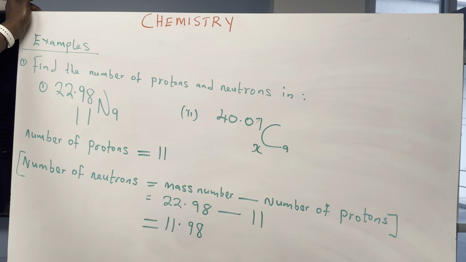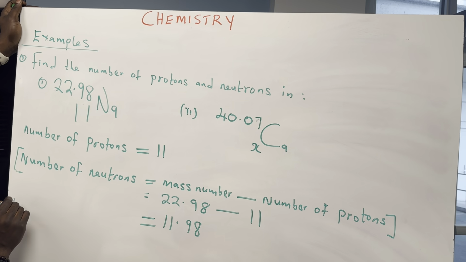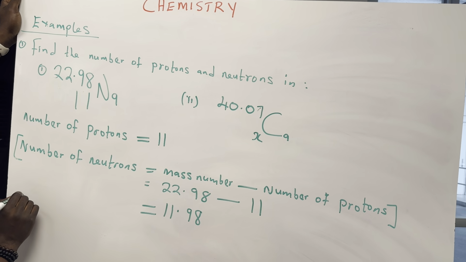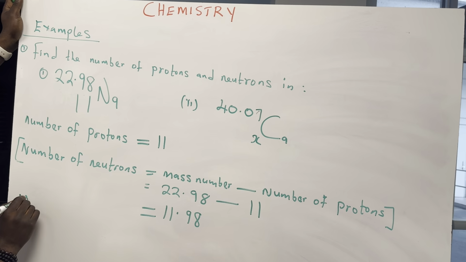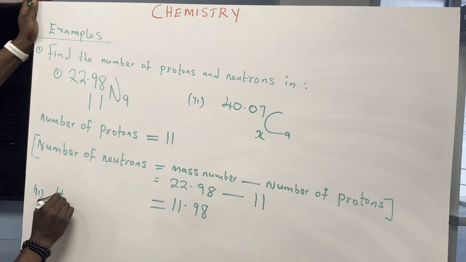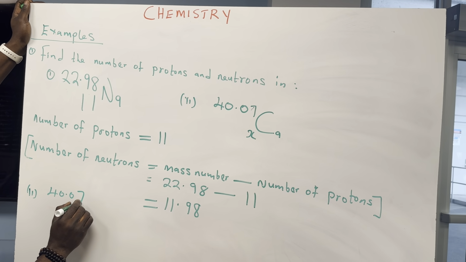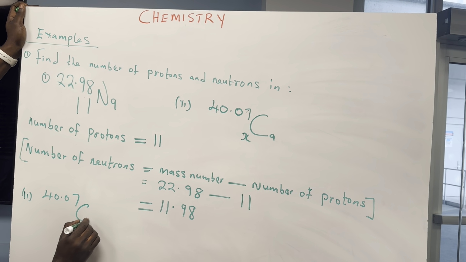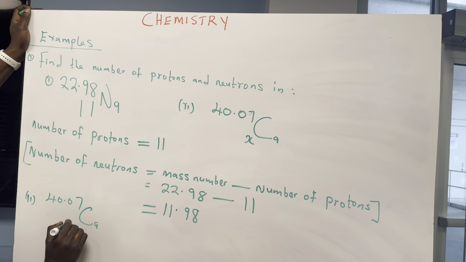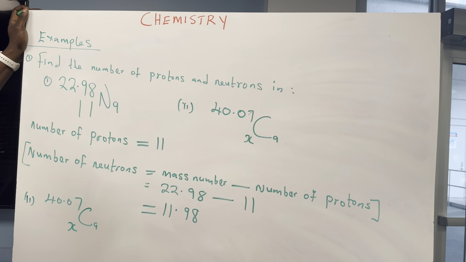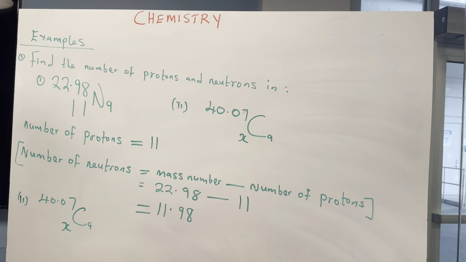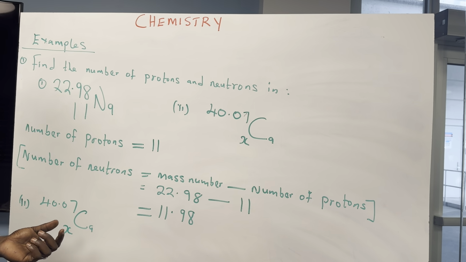Now, looking at the other question, it's looking a little bit dicey, but let's see. You have 40.07, Ca, then X here. What does this tell you? Now, you have to think.